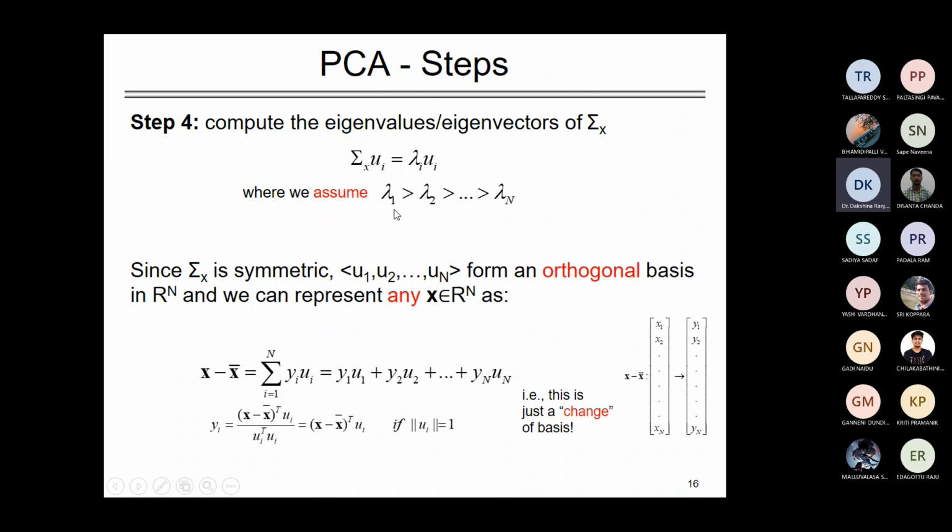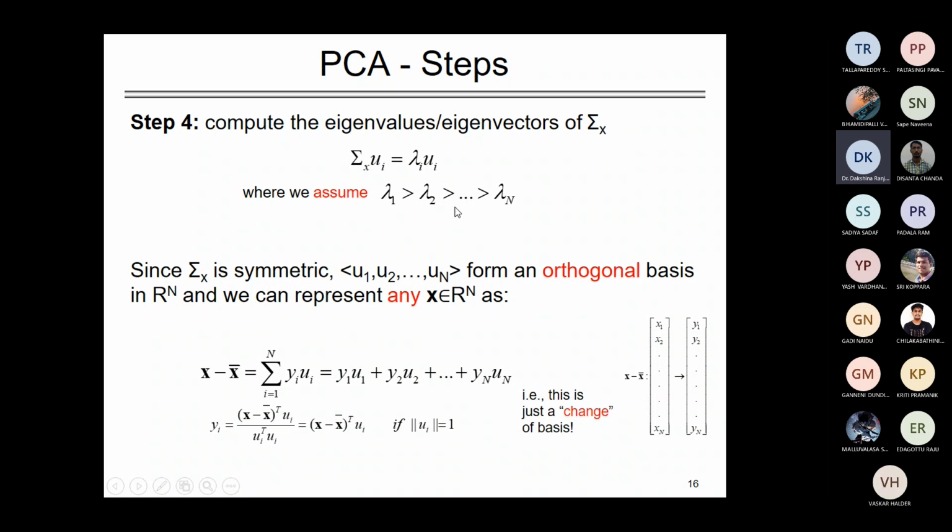Here we assume that lambda 1 is greater than lambda 2, and so on, with lambda n minus 1 greater than lambda n. So we can arrange these eigenvalues in order; if we have n features, we get this arrangement of the eigenvalues.